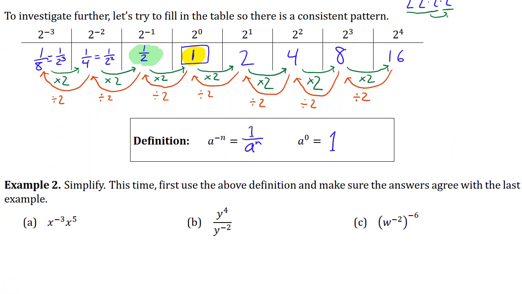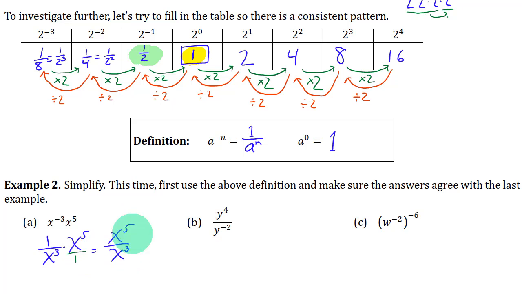So x to the negative 3 using this definition means 1/x to the power 3. We have that times x to the power 5. And what can you do with that? Well, you could combine these. Remember that something that's not written as a fraction, you can imagine it's like over 1, and just multiply the tops together. So you get 1 times x to the 5 and x to the 3 times 1 in the bottom.